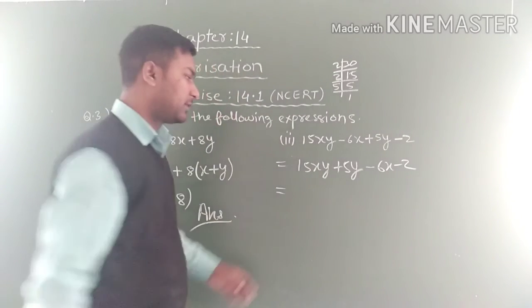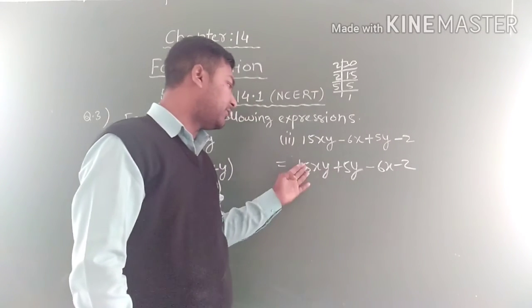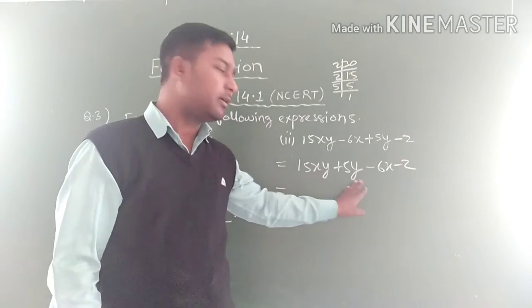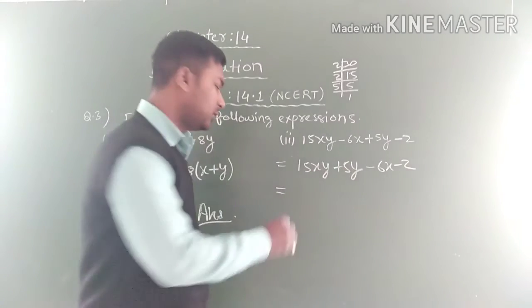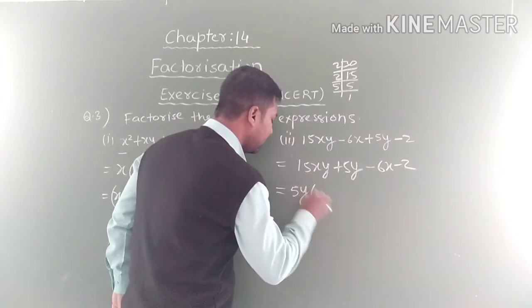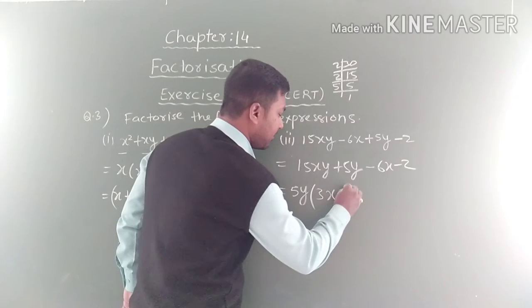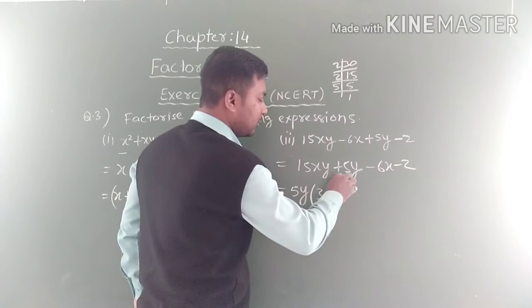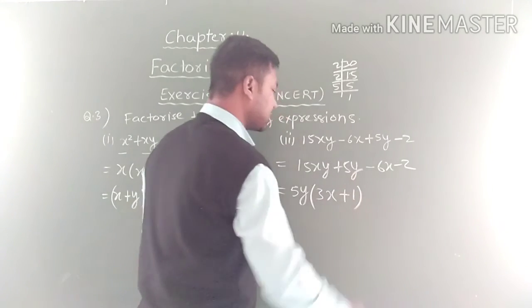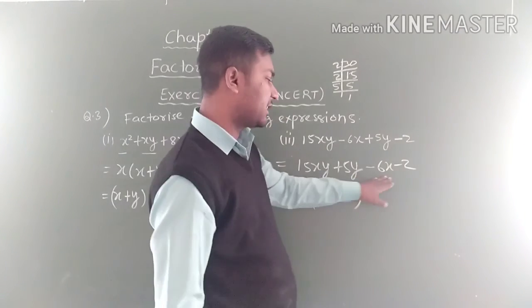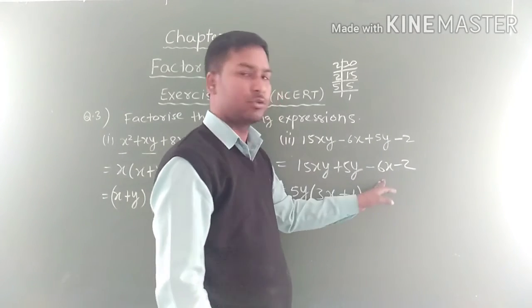So take common in these two terms, 15xy and 5y. What is common? 5y is common. So 5y is common, 5 3 is 15 and x, plus 5y is common. So what is left? 1 is left. Okay, 3x plus 1. Similarly minus 6x minus 2. What is common? Minus 2 is common.